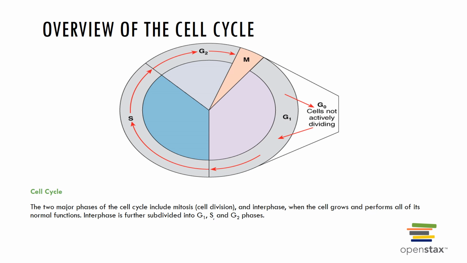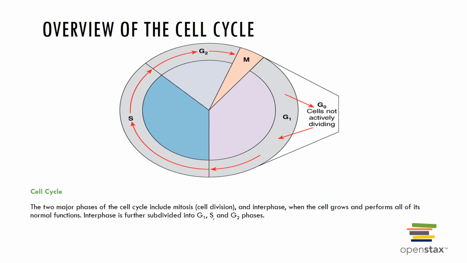Now, the last part of this chapter is the cell cycle. And there's 2 major phases of the cell cycle: mitosis, which is cell division, and interphase, when the cell is growing and performing normal functions. Interphase is further subdivided into what we call G1, S, and G2 phases.